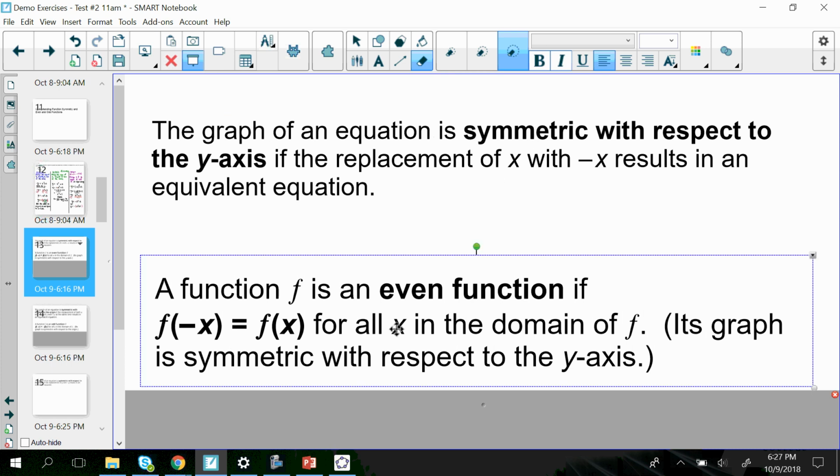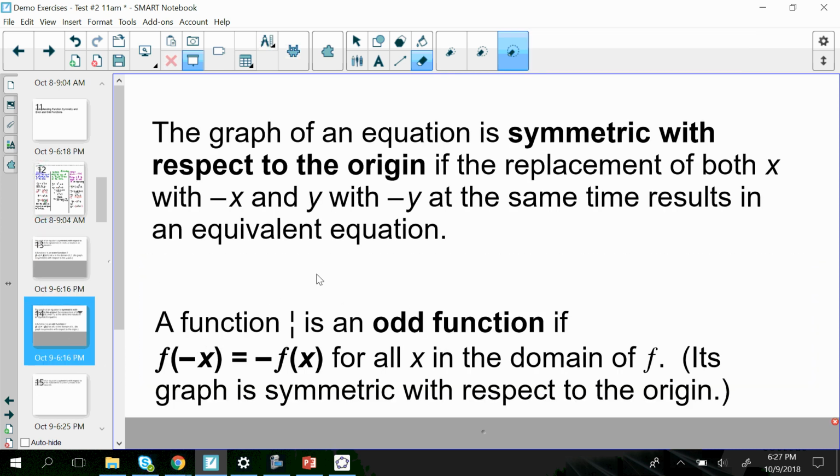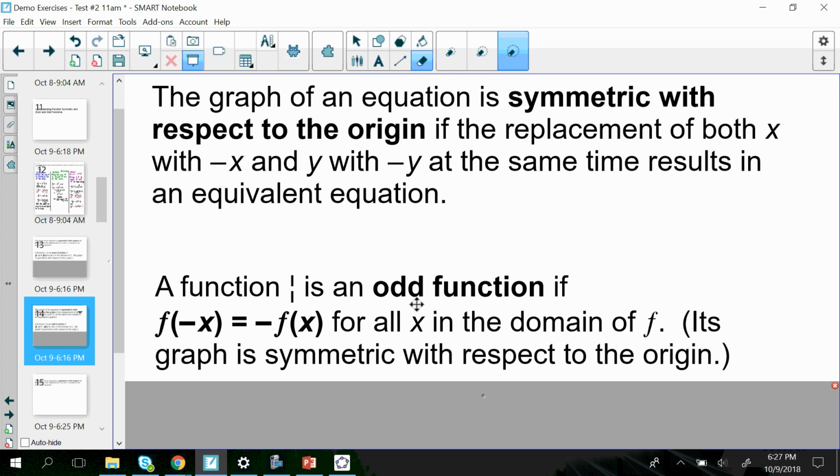And then down here when we talk about even functions, the word function is used rather than equation. Same thing with being symmetric to the origin. The word equation is being used here, and then in the context of being odd, we're talking about an odd function. The word function is used here.